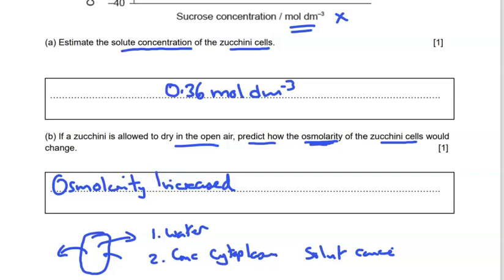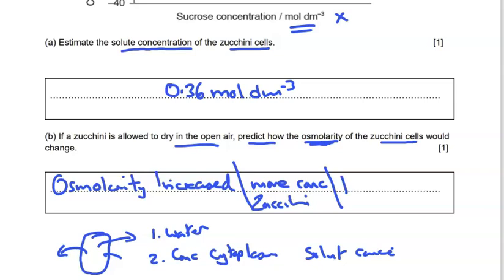Now, some students have used alternative phraseology. Some have said that it's more concentrated, but if you say that, you have to say where. So in the tissues, in the cell, in the zucchini. So make sure you qualify where is more concentrated.